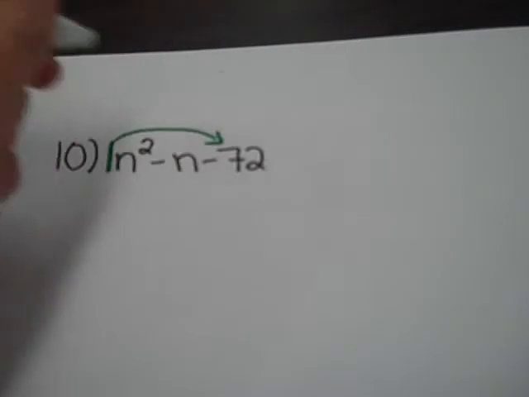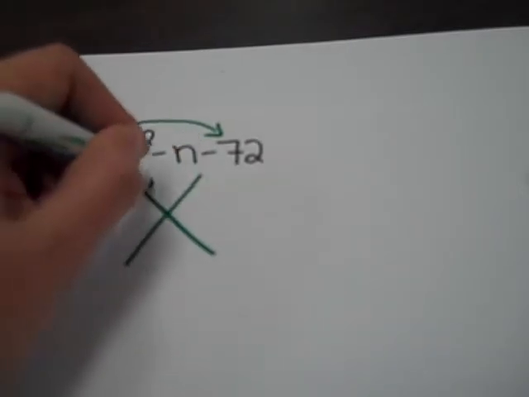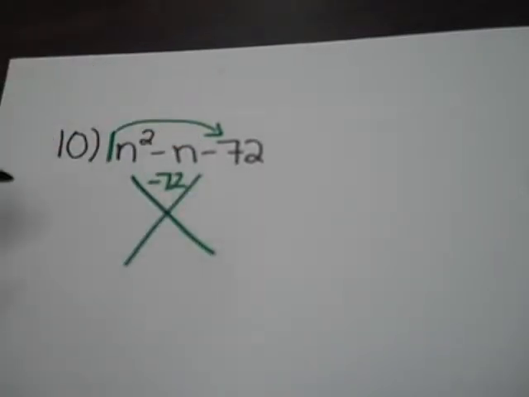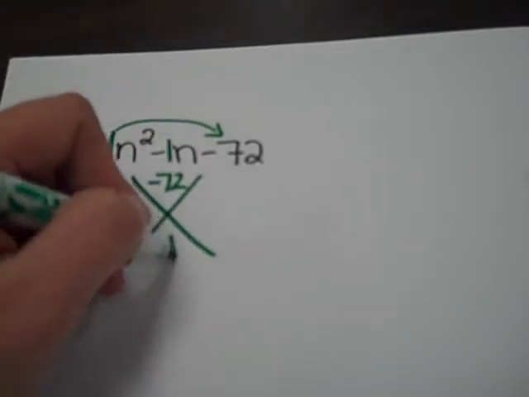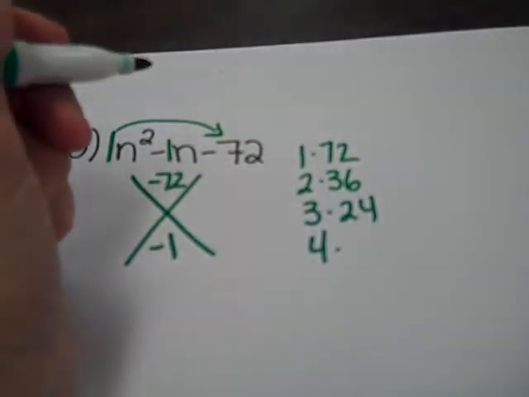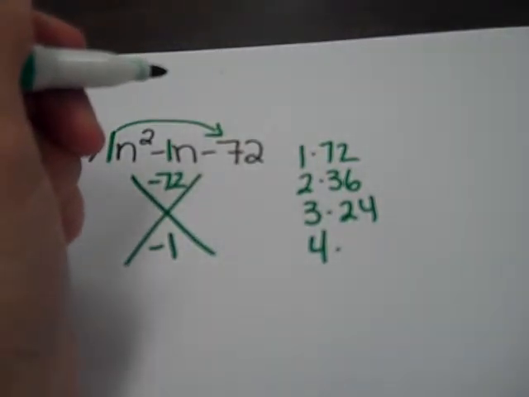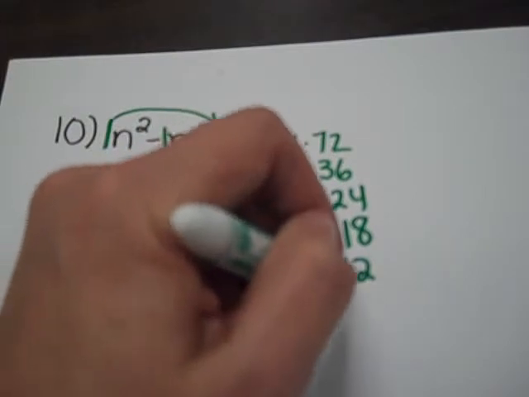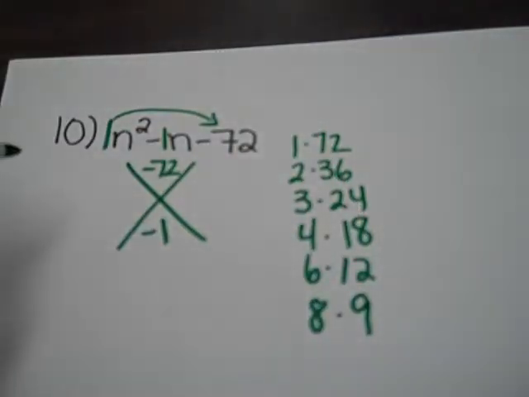I'm going to slide my 1. 1 times negative 72 is negative 72, and my b is negative 1. 72 is 1 times 72, 2 times 36, 3 times 24, 4 times 18, 6 times 12, and 8 times 9.